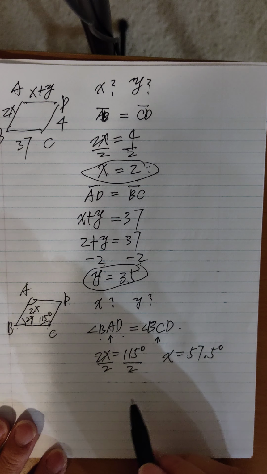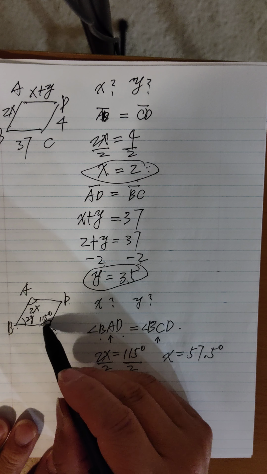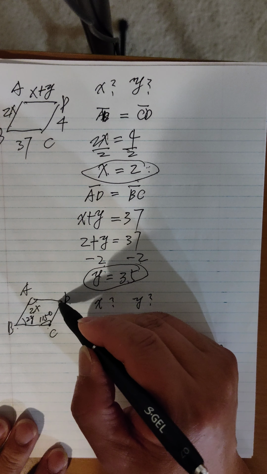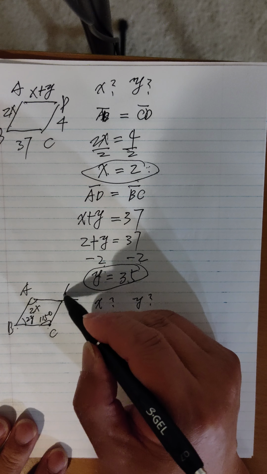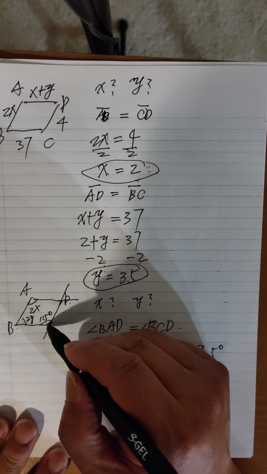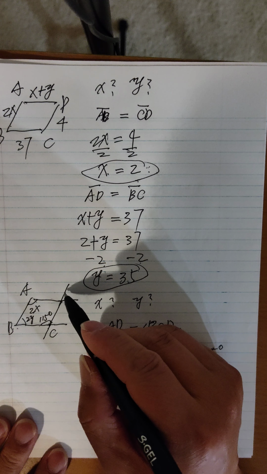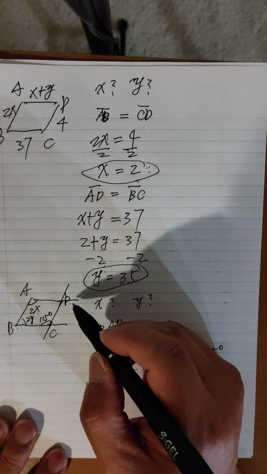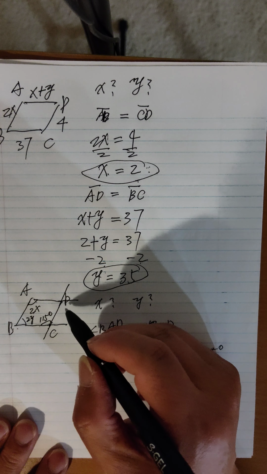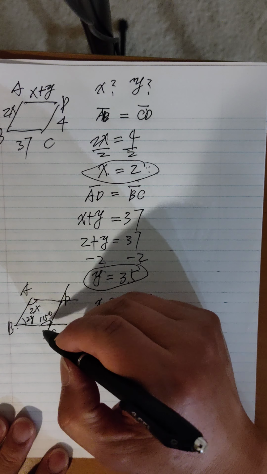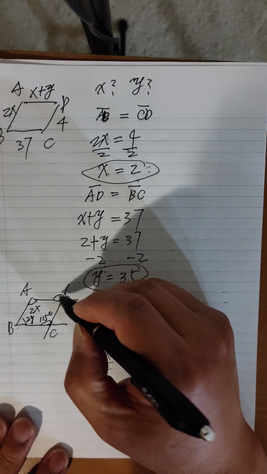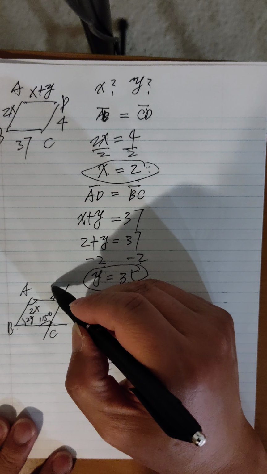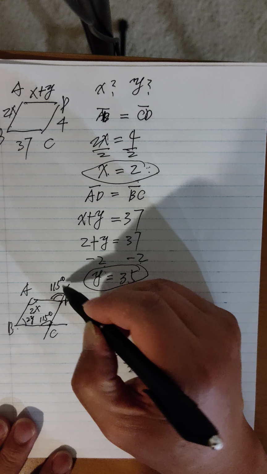Okay, again, since this angle, and let me see. Let me extend this a little bit. So that will be the parallel line and the transversal line that we discussed at the very beginning. Notice this angle and this angle right here, they are corresponding angles. So this is 115 degrees.